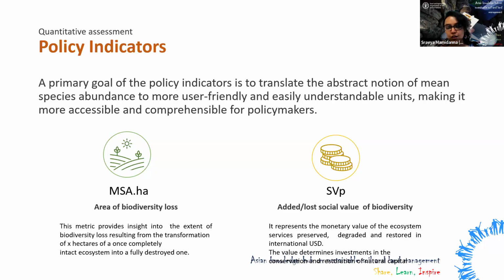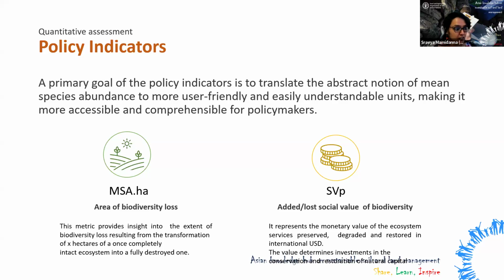Then how you can interpret this is that the investment or project results in 100% loss of MSA in 500 hectares. That is, it basically destroyed 500 hectares of a fully healthy ecosystem into a degraded one, and therefore there's a biodiversity loss.